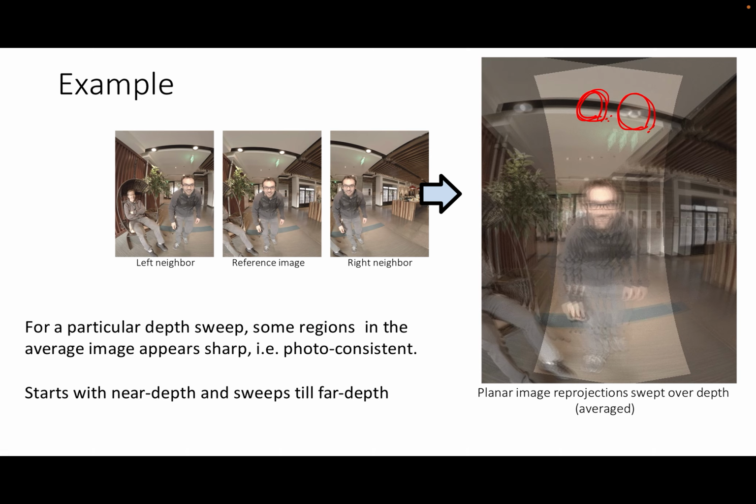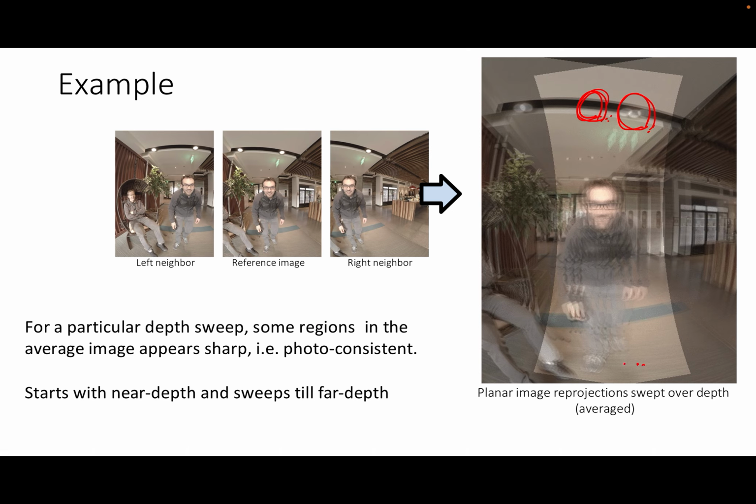If the distance between the reprojected one and the original image is very small, then although we perform averaging, the image should look sharp, right? But if the distance is very long, then averaging them out will give a very blurry result like this.